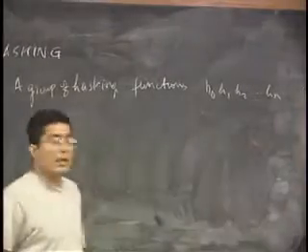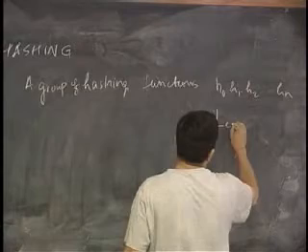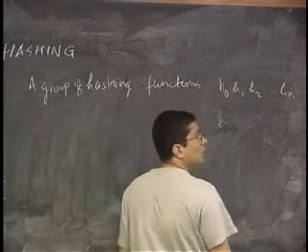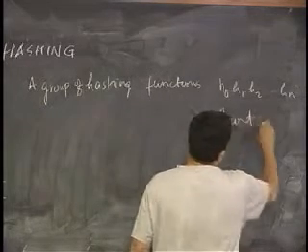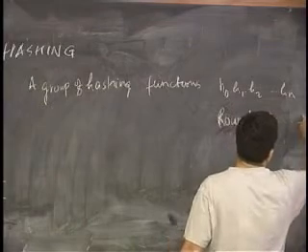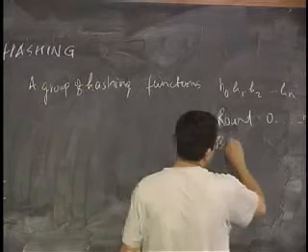HN. Then another variable is called level, or you can say round, 0 to n, or whatever the round number is, and then you have the buckets.